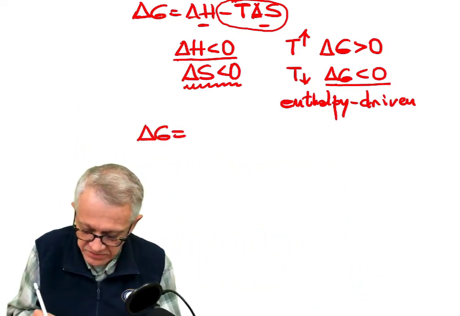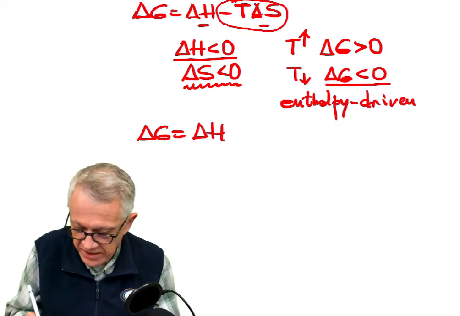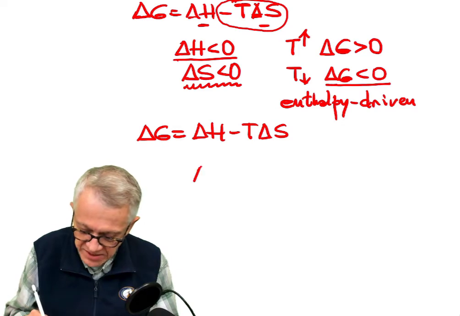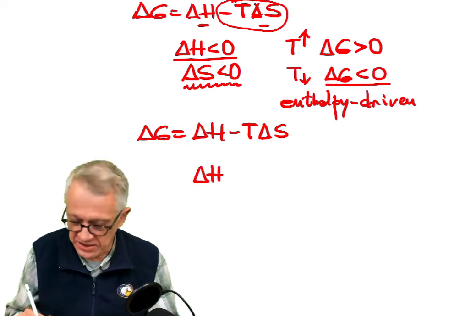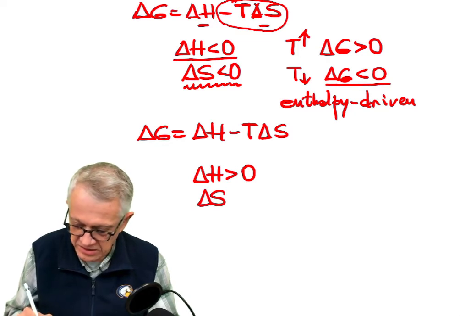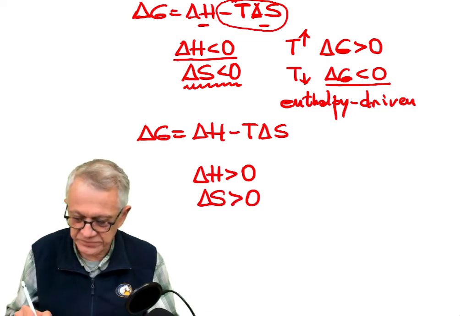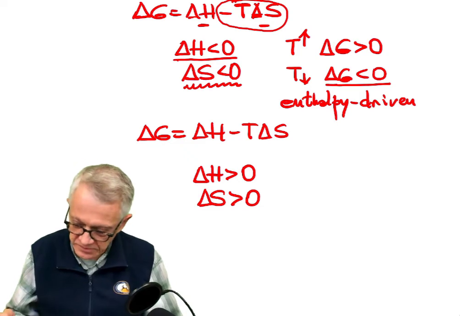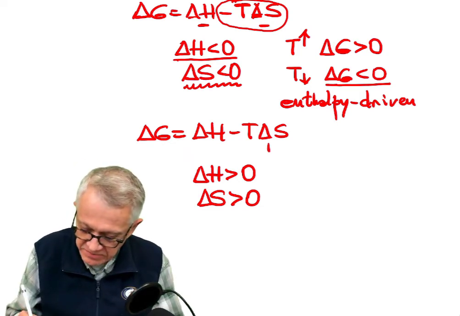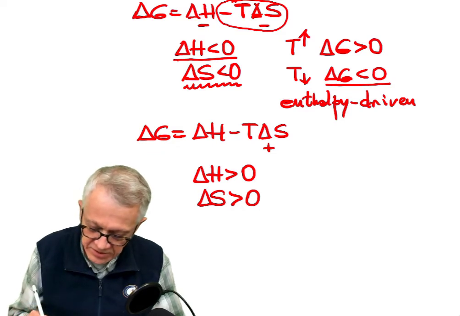Finally, delta G equals delta H minus T delta S. Now what we have left is that delta H is larger than 0 and delta S is also larger than 0, right? So in this case, delta S is positive and delta H is positive.